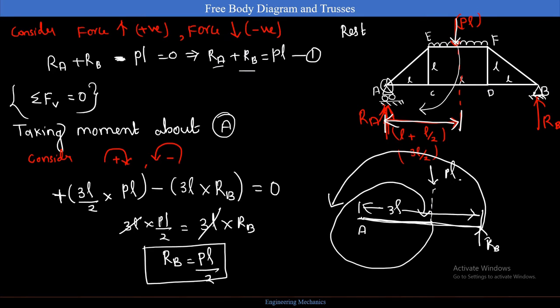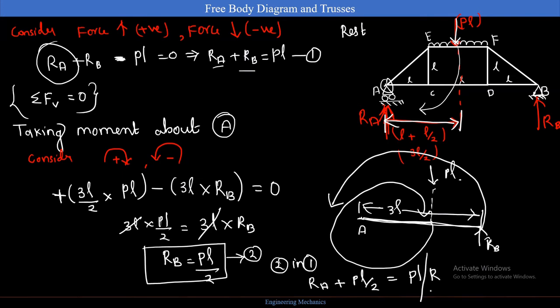Now I am going to find RA. That is the only thing I need to find. Substituting this equation 2 in 1, what will I get? RA plus PL by 2 is equal to PL.